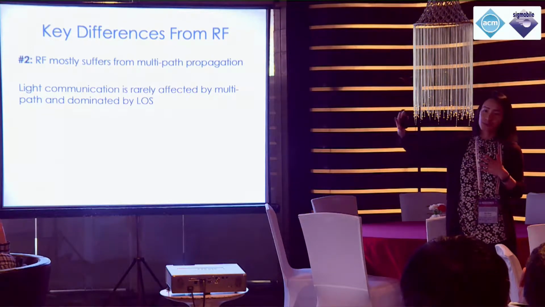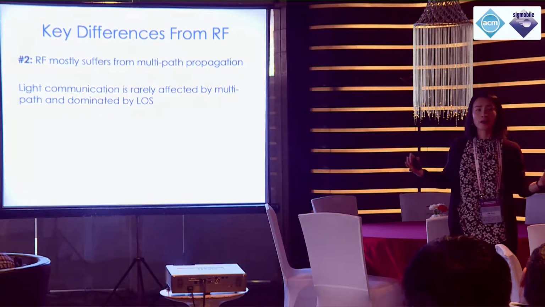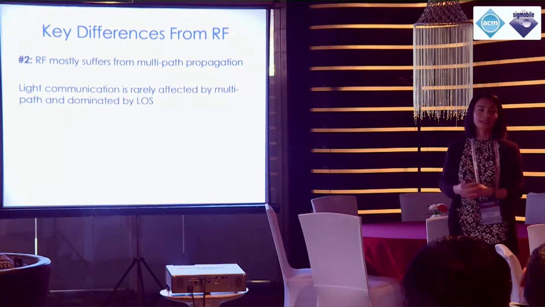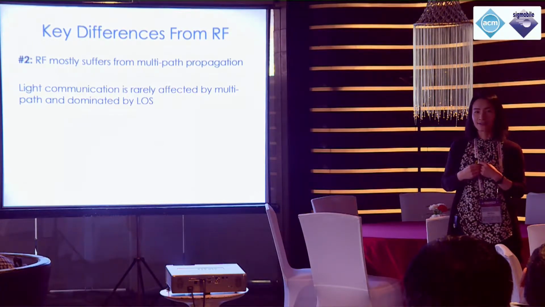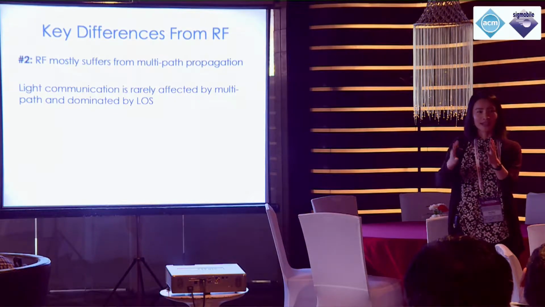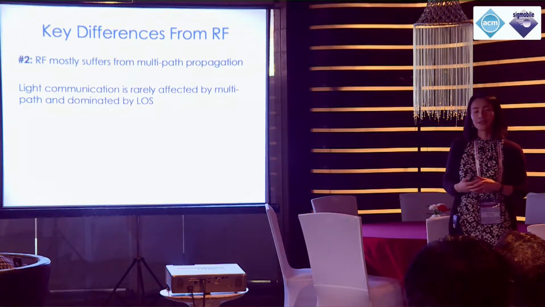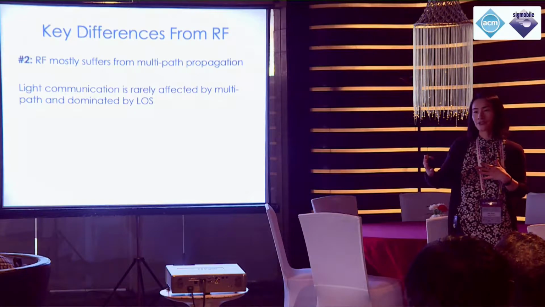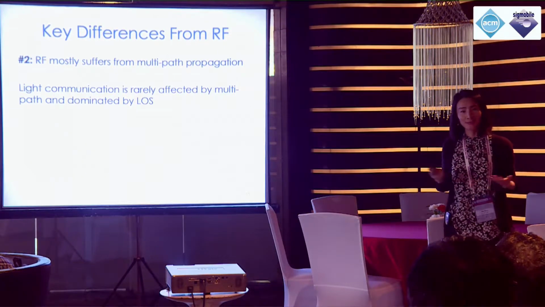You might have multiple paths of reflection and scattering, but the energy from other paths is way weaker than the line of sight direct path. So as a result, you can focus on the line of sight received optical power to estimate the performance of a single link. So it makes the modeling of the propagation much easier and actually more accurate than RF communications.